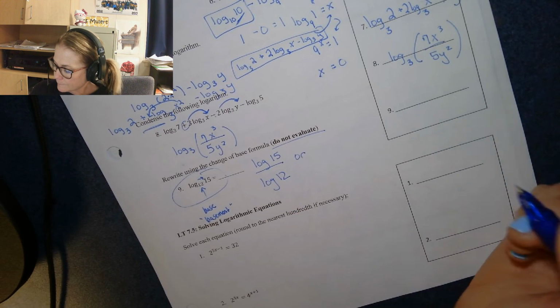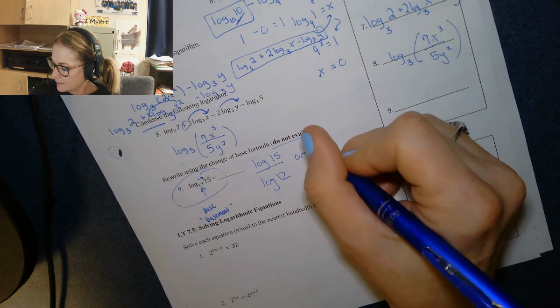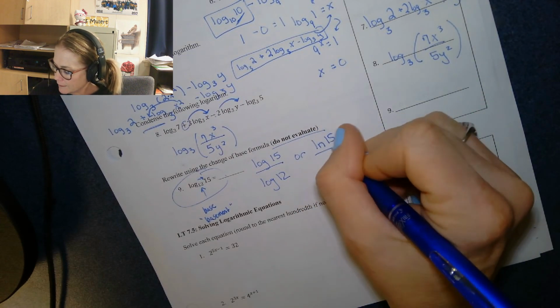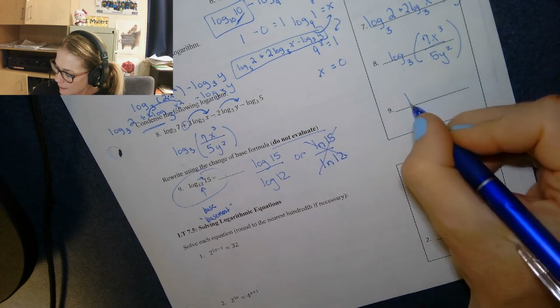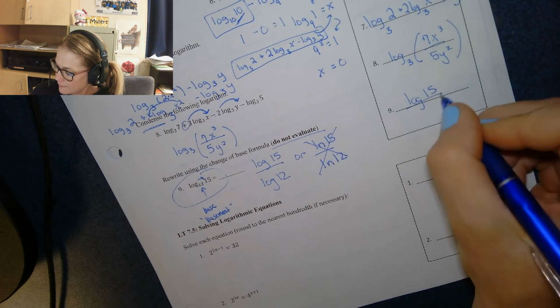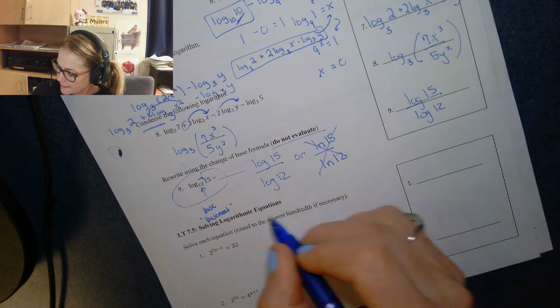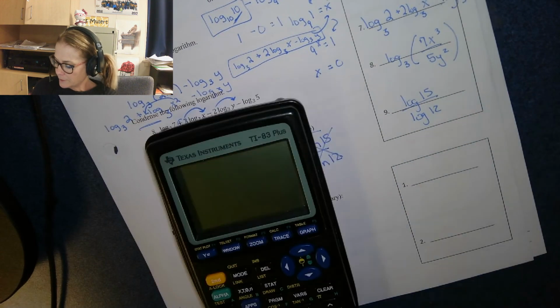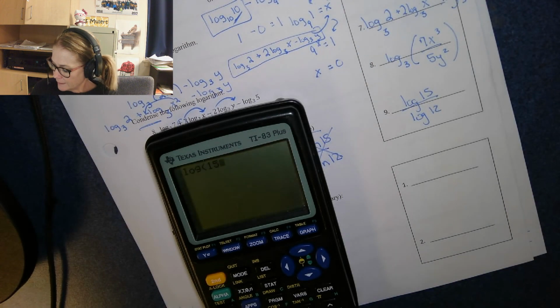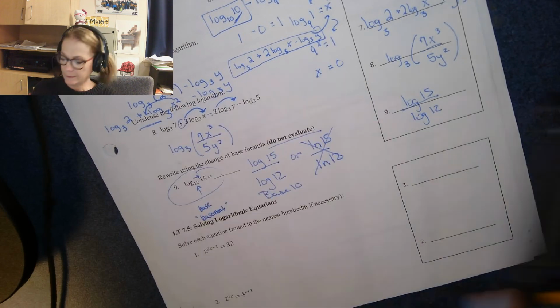Later on, you'll show that you could use the natural log of 15 over natural log of 12, but we won't do that yet. We'll just stick to log of 15 over log of 12, and that's base 10. So your calculator doesn't know how to do log base 12 or 15, but it can do log 15 divided by log 12. There you go. Didn't ask us to evaluate, so we'll leave it at that.